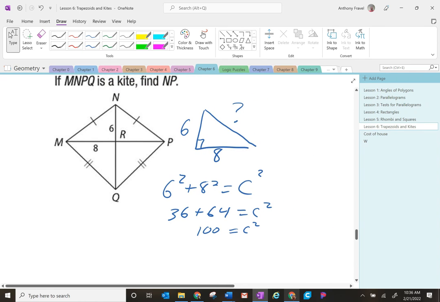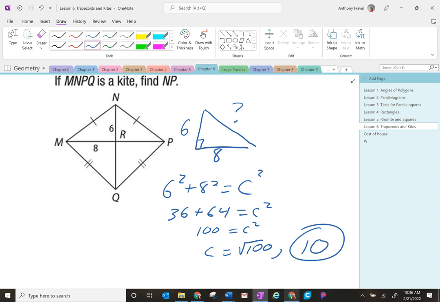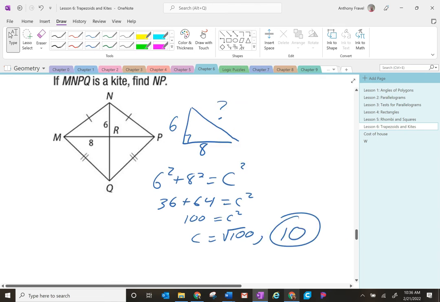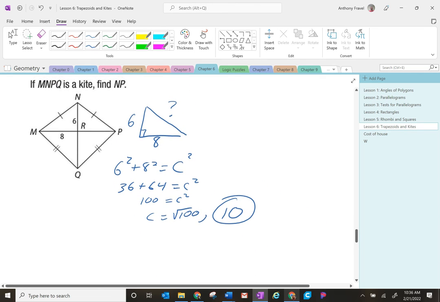To get the side all by itself, c equals the square root of 100, or c equals 10. Anybody need more time with that one?